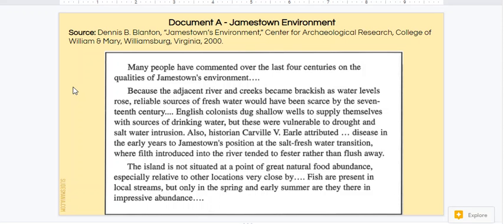The island is not situated at a point of great natural food abundance, especially relative to other locations very close by. Fish are present in local streams, but only in the spring and early summer are they there in impressive abundance.